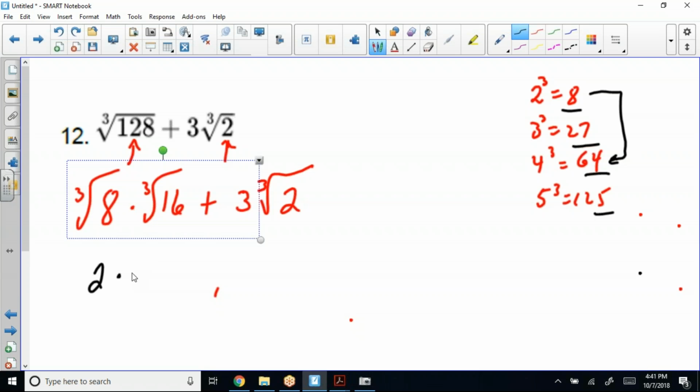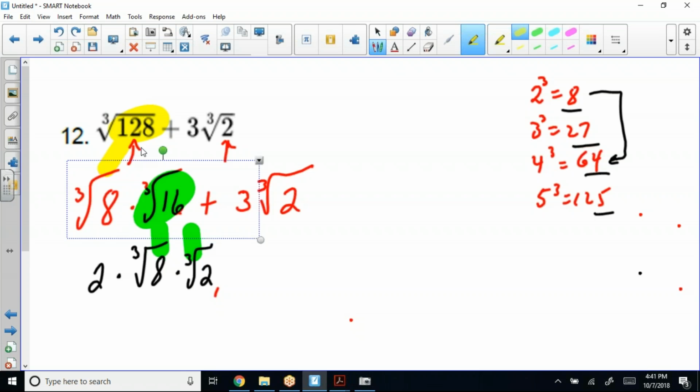So that'd be the cube root of 8 times the cube root of 2, right? So this right here became these, and this became those. So you can split something down to become factors of that particular product.